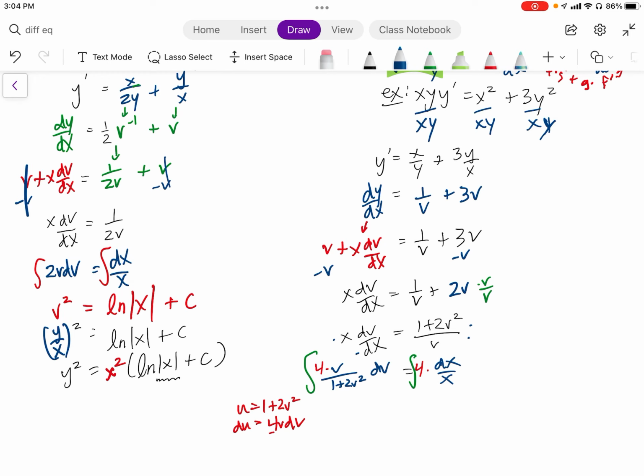On the left, we have du over u. So that is ln u. To save a line, I'm just going to say, all right, I could see that u substitution, right? So that's ln of u, which is 1 plus 2v squared.